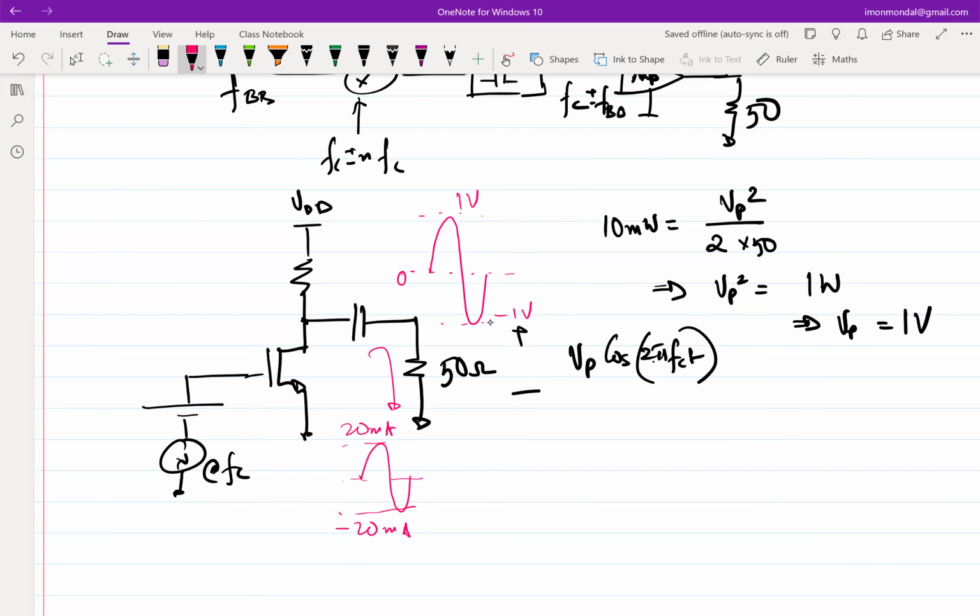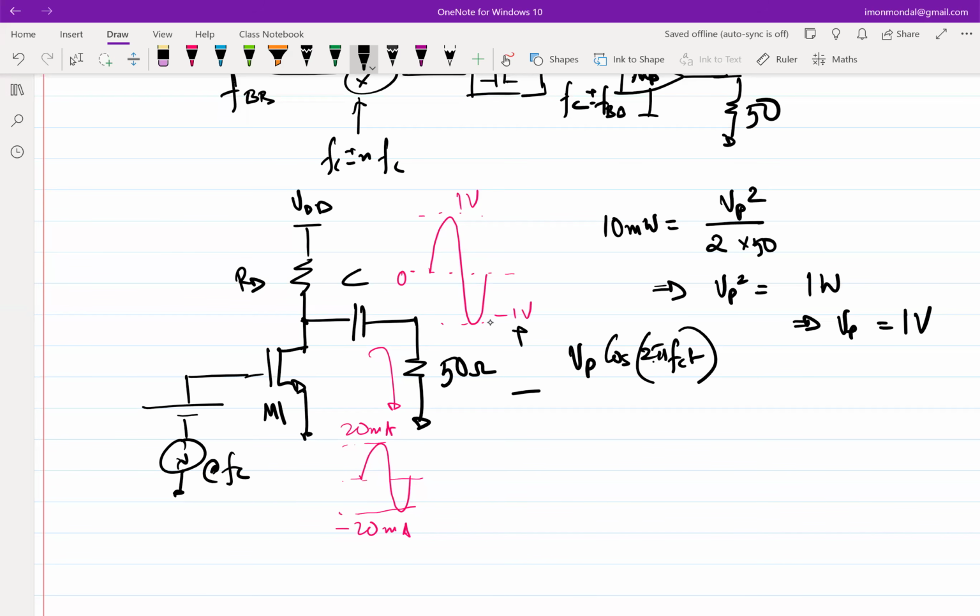So when will it get to plus 20 milliamps? Let me rephrase the question. Under what condition of M1 will you get plus 20 milliamps flowing into the 50 ohm resistor? And you can assume this capacitance to be infinitely large. So is M1 fully on or almost close to off?